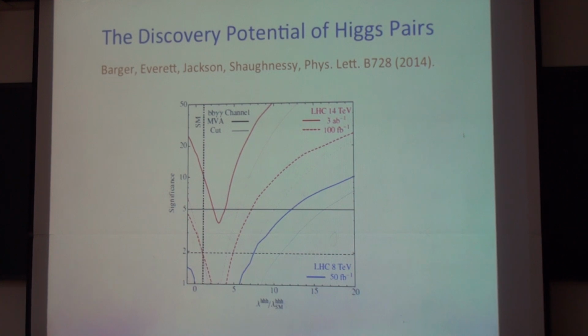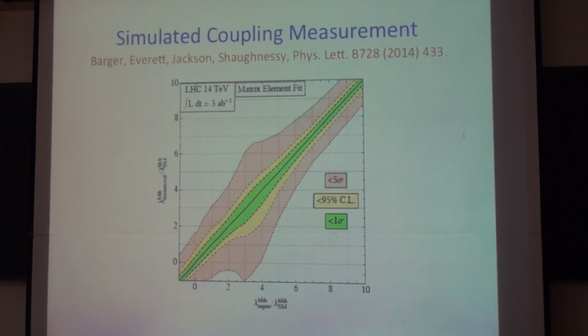Okay, and now they suggest at 14 TeV, if we have enough luminosity, it can be much better. It will go from a factor of 7 to a factor of about 0.4, if we have enough signal events, and if the reducible or unphysical background does not mess up their analysis.